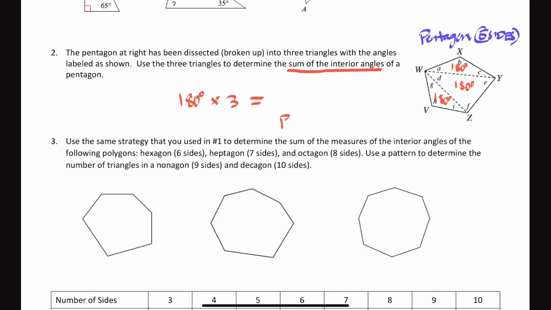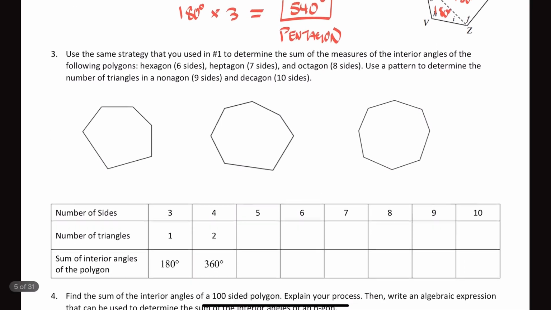Would that not give you the total for the pentagon? So we take 180 times 3, and the entirety of those angles is 540 degrees. Remember that when we're asked for the sum of interior angles, keep all answers in degrees. And I'm going to move forward now.